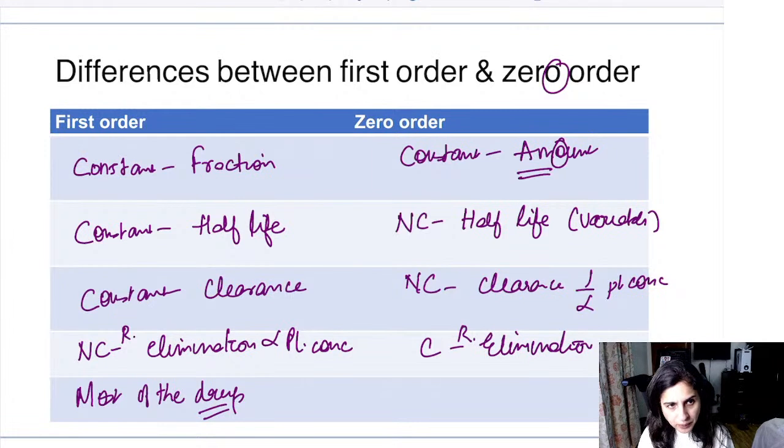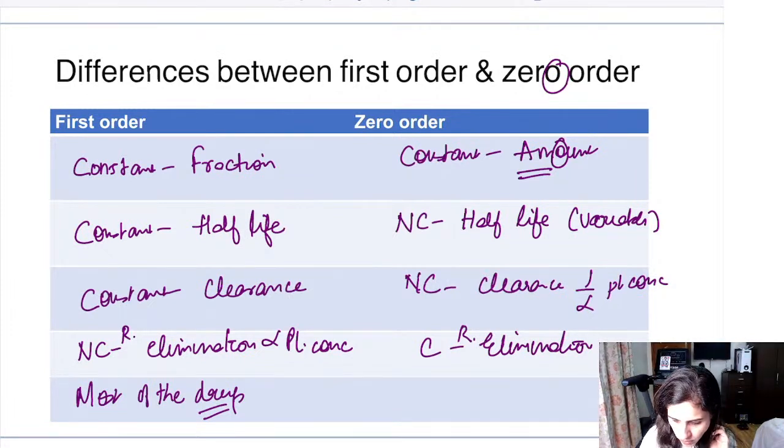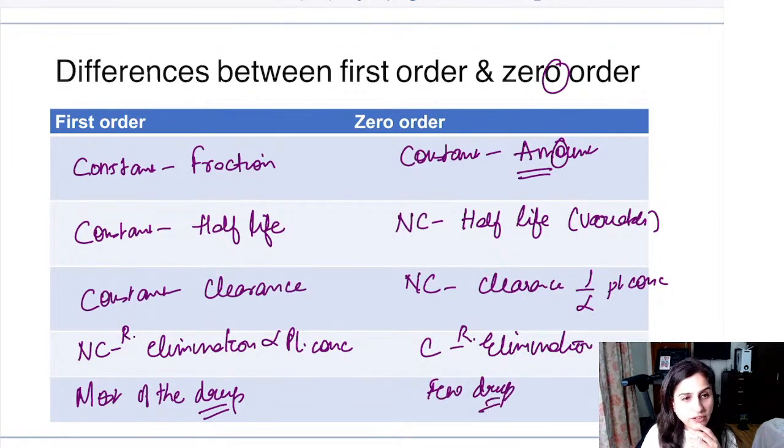When they are in the normal therapeutic range, they follow the first order. But as soon as you give a very high dose of the drug, then they follow zero order. Right? Only few drugs follow this zero order.